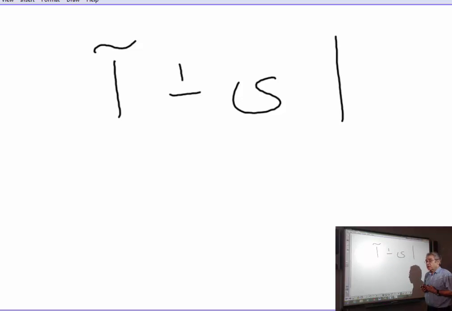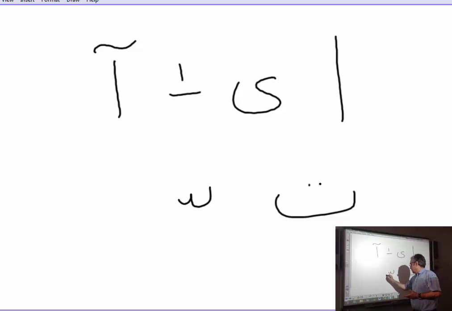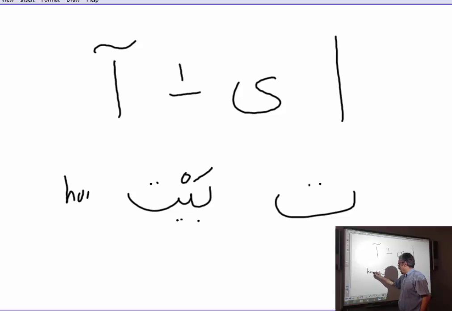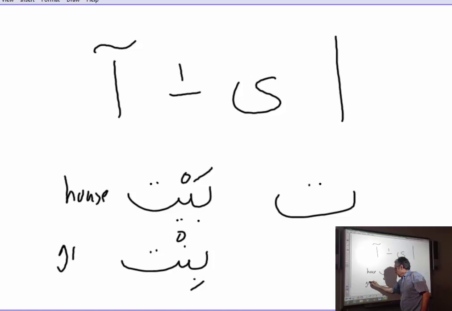At the same time, maybe you can look at the Ta. Ta here, in most words, like Bayt, house, but you can say also Bint, girl, we wrote Ta.